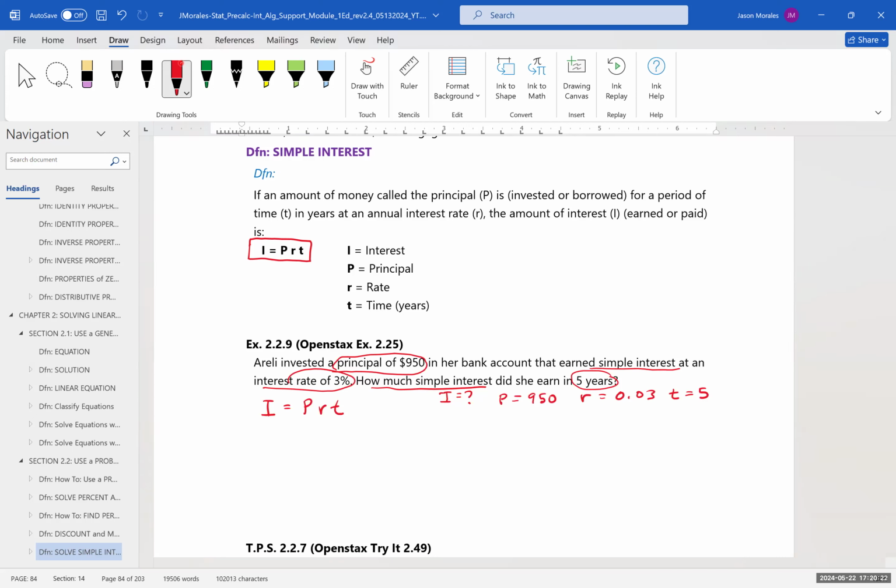Now to calculate interest, we just plug in the values: P is 950, rate is 0.03, and the time is 5. When you calculate all three of those together, the amount of interest that Arielle made was $142.50.